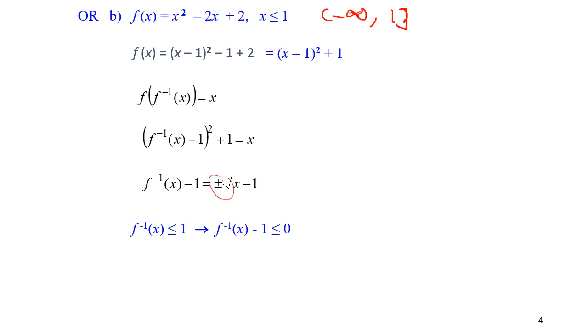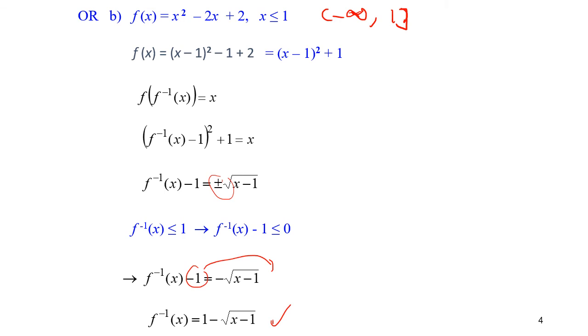This time, since x is less than 1, we use the negative definition, so it would be negative square root of x minus 1. Lastly, we bring the negative 1 to the right hand side, so it would be 1 minus square root of x minus 1. So this is our inverse for the second restricted domain, negative infinity until 1.